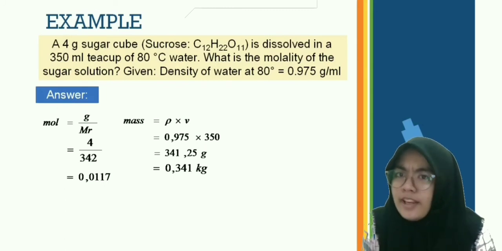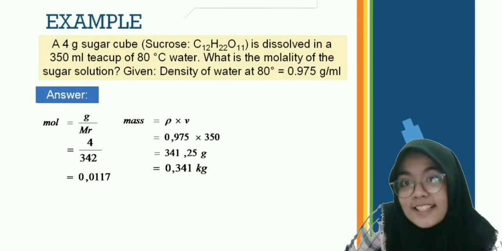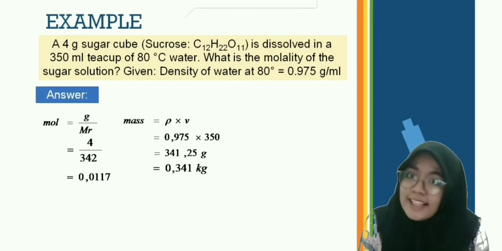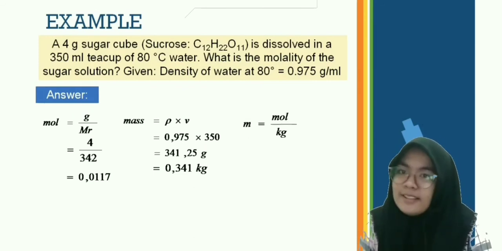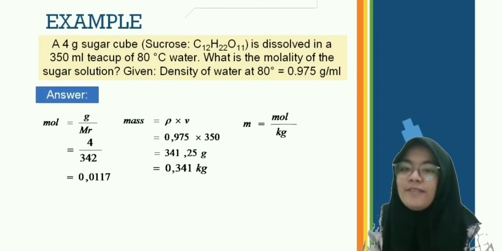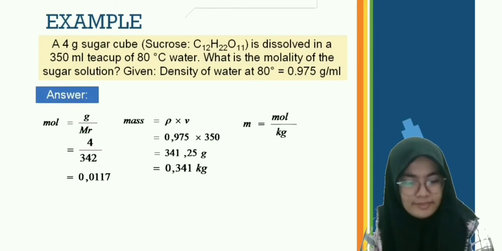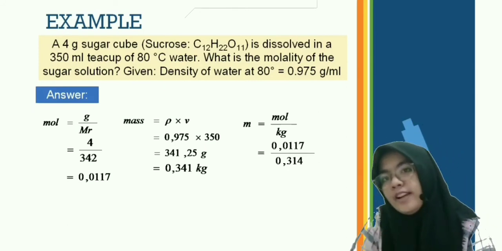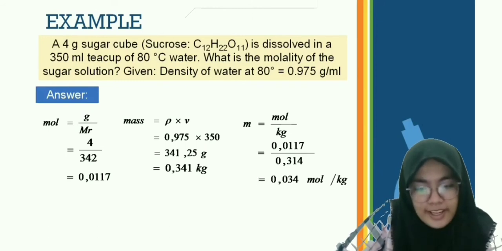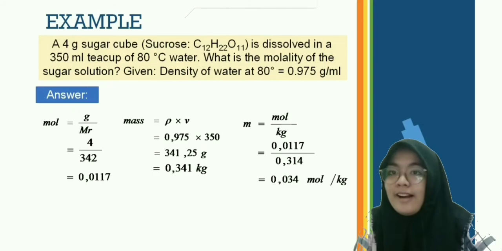And we have to change it to kilograms based on the calculation for the molality. So we have to find the molality. The molality is mole of the solute divided by the kilograms of the solvent. Then we put the value of it, and the answer is 0.034 mole/kilogram.